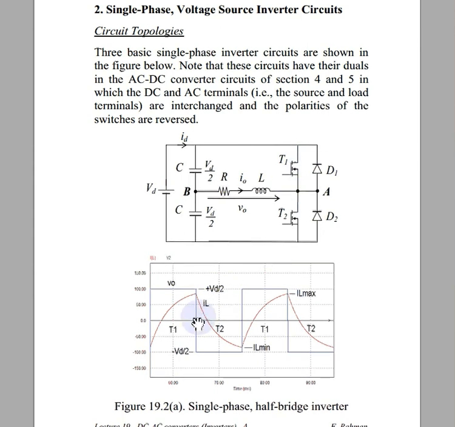At this point thyristor T1 is off and thyristor T2 will conduct. For this time period the load voltage is minus VD/2, and this is the alternating.